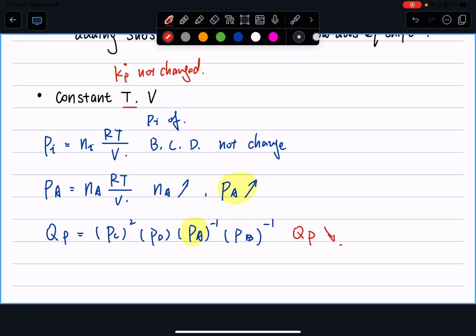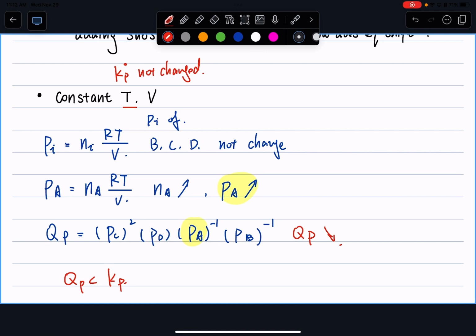So we're predicting a Qp smaller than Kp. And what kind of reaction do we have there? Which direction is it going? Forward, right?